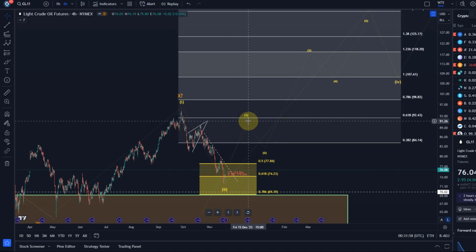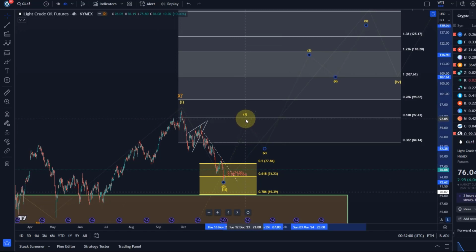I think the 61.8 is usually more reliable. That's at $92.40. We should then get a wave 2 pullback. Can't really determine where that will land without having wave 1 in place. But we know that the third wave should roughly get into the region around $118 to $125.